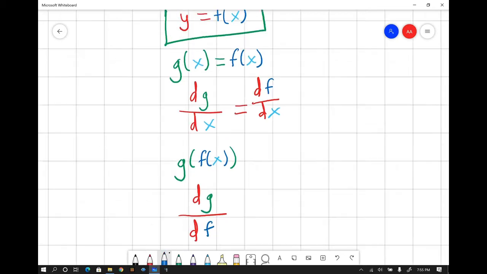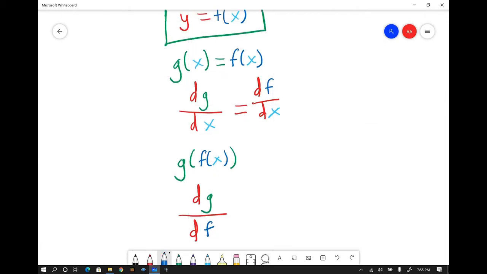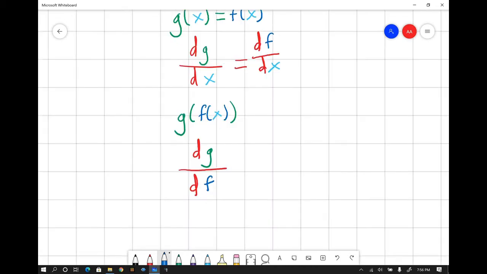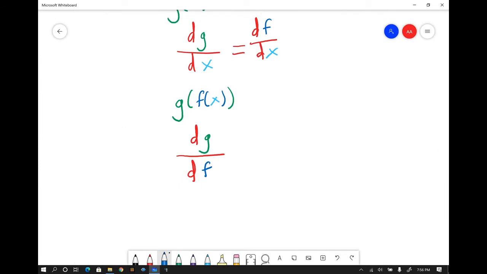This is the same idea as if we were to do another letter like g of r or g of u. The only difference is our input happens to be another function. So, using this knowledge, we can tackle our derivative problem.